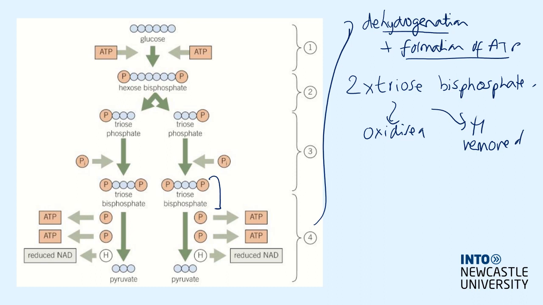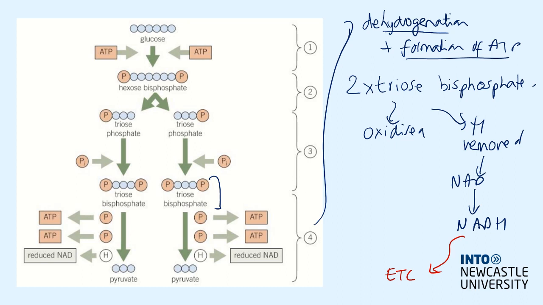And what's going to happen to this hydrogen is it's going to combine with NAD, which we met in our previous mini lecture, and it will form reduced NAD. And this reduced NAD will then travel off to the electron transport chain and be oxidized again and be used to produce lots and lots of ATP.